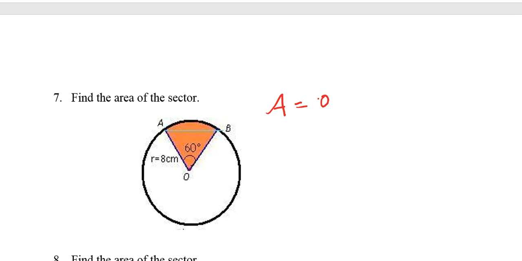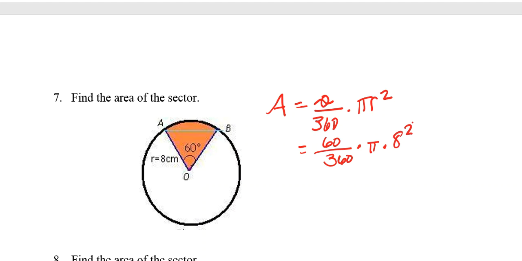Area equals theta over 360 times pi r squared. The angle is 60 over 360 times pi times my radius of 8. So 60 divided by 360 is 1/6.